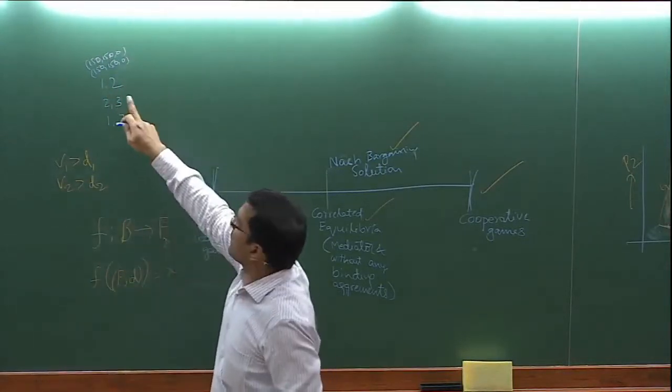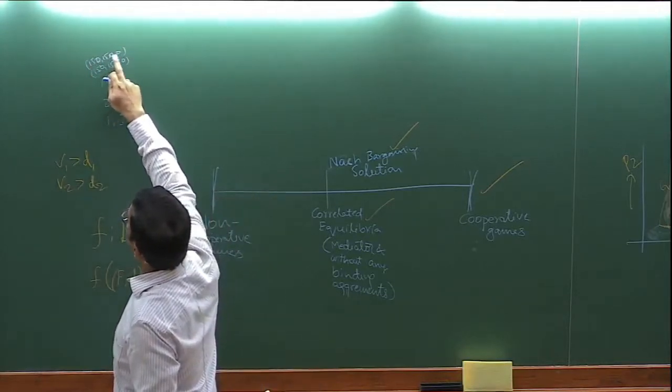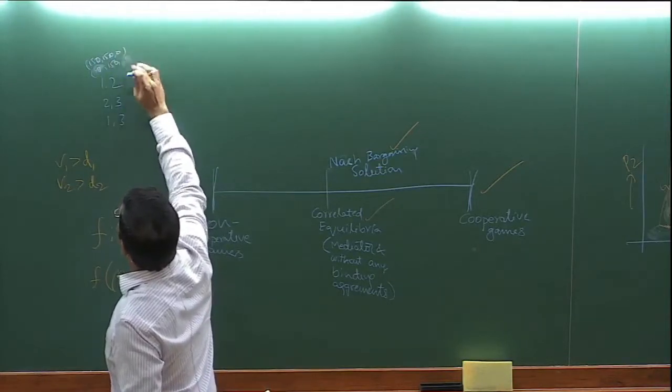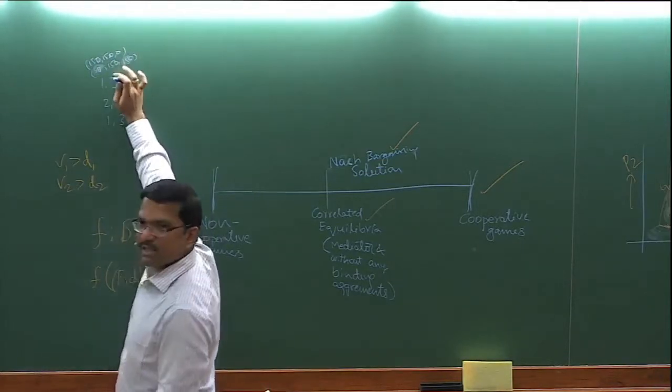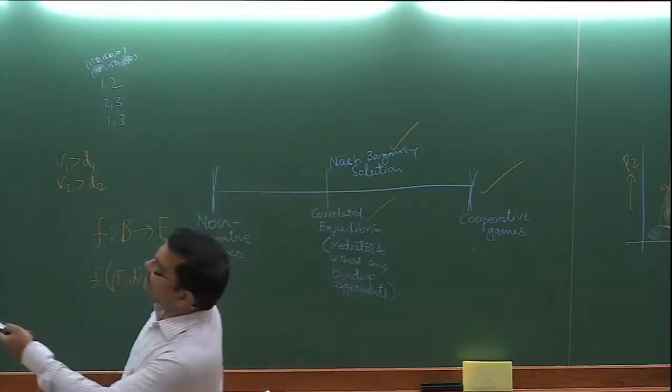This is the final outcome as per the rule. On the other hand, if player 1 proposes 150, 0, and player 2 proposes, let's say, 0, 150, they are not matching, so 1 and 2 don't get anything as per the rule of the game.